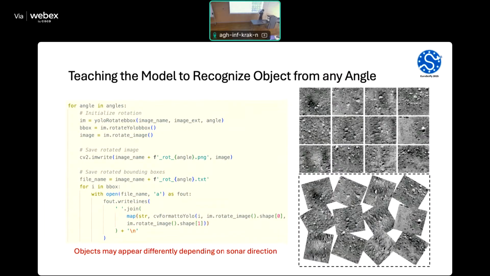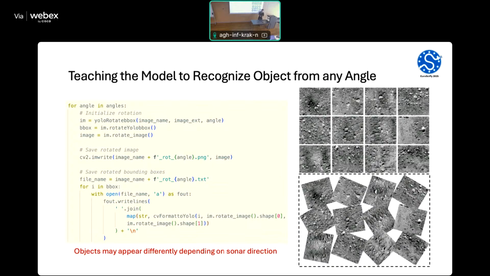Now, the next step is teaching the model to recognize objects from any angle. A sonar survey happens where a ship or an autonomous underwater vehicle goes along different directions to capture the whole area. Once you do that, the orientation of these stones would change depending on which direction the survey has happened.